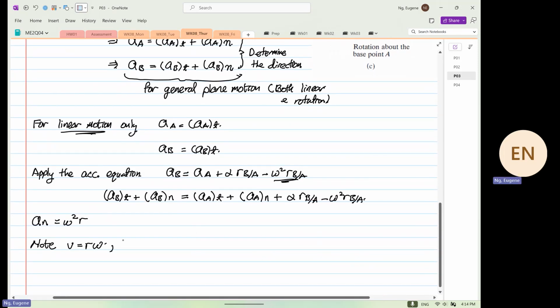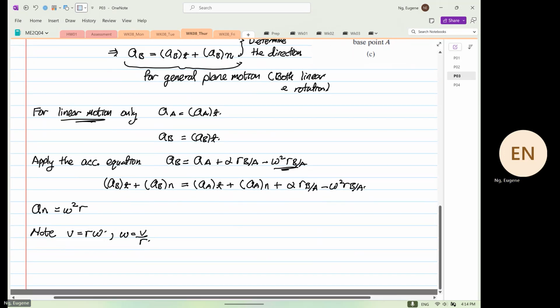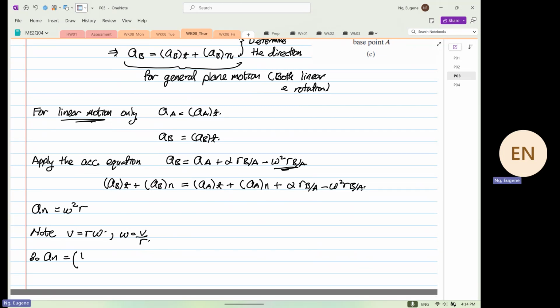So from here, we also know that omega is equal to V over R. So therefore, AN is equal to V squared over R squared multiplied by R, which equals V squared over R.